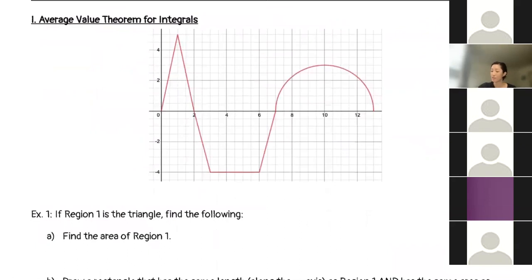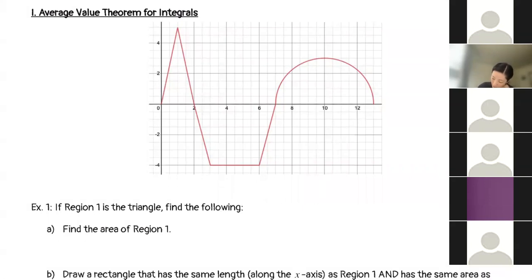So the average value theorem for integrals, okay? What we're going to do is start off with some pictures, draw some things, and then take a look at the actual theorem and think about how that applies to what we just found. So let's take a look at this first example right here, okay?